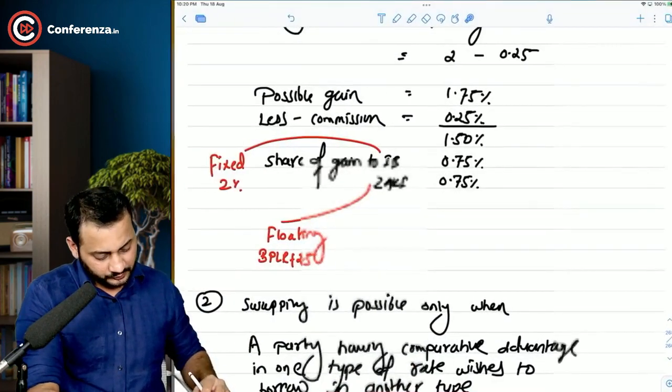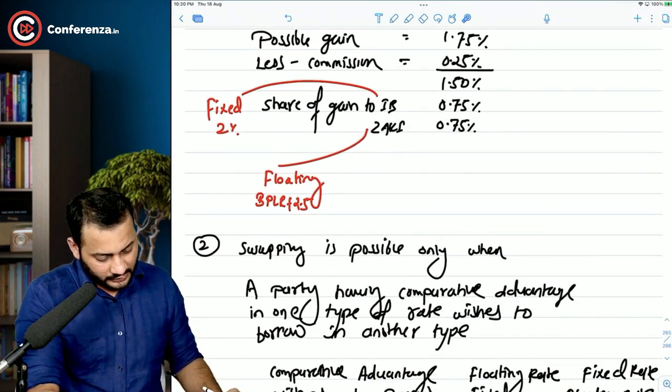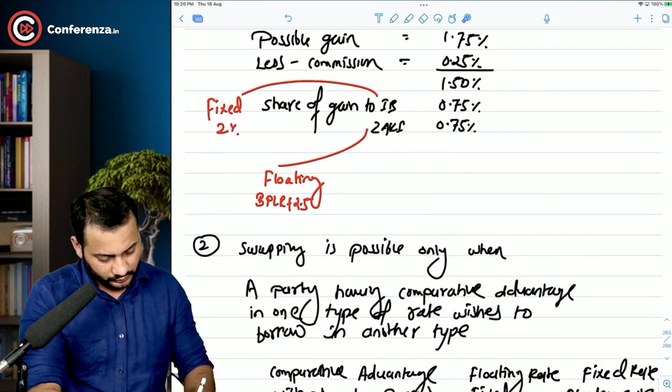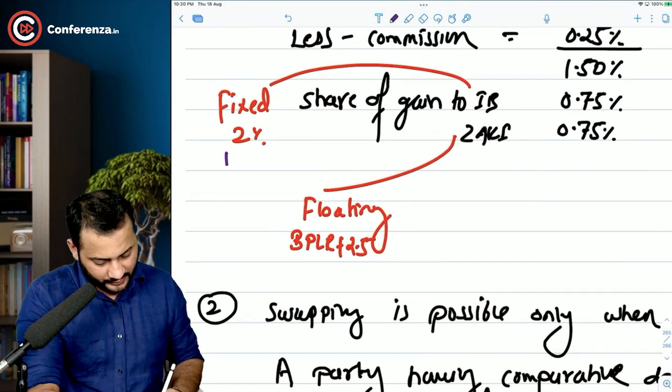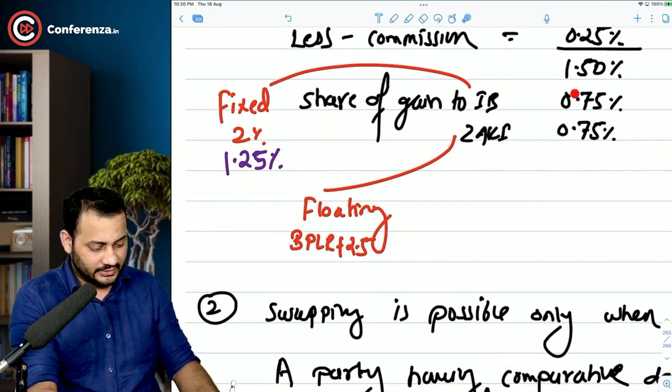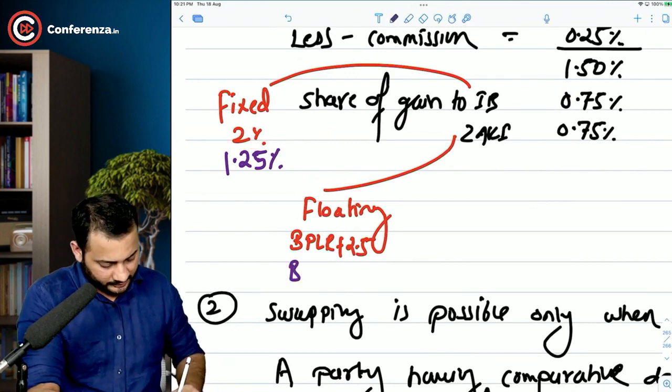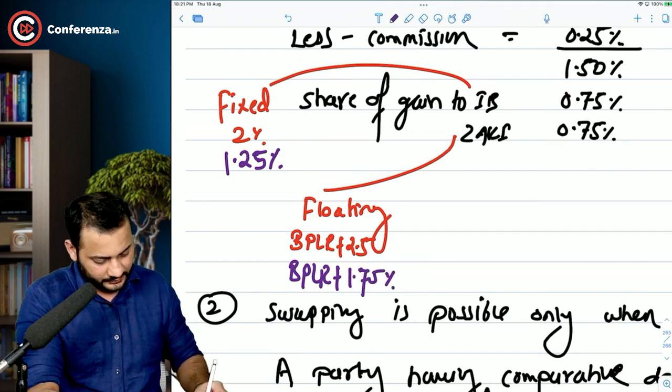That means the actual cost to IB should be 1.25%. Then only we can say that 0.75 is a gain to it, and BPLR plus 1.75%.